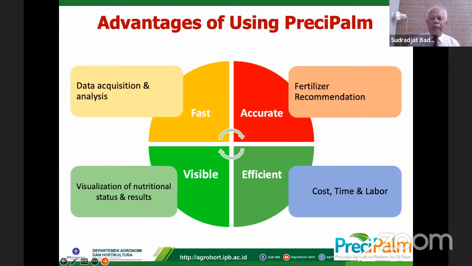What are the advantages of using PreciPalm? The first, of course, data acquisition and data analysis are very, very fast. From our experience, to determine the recommendation, we need only 2 seconds per hectare. Using this method, the recommendation is also accurate, and our system is easy for visualizing the nutritional status and the result.